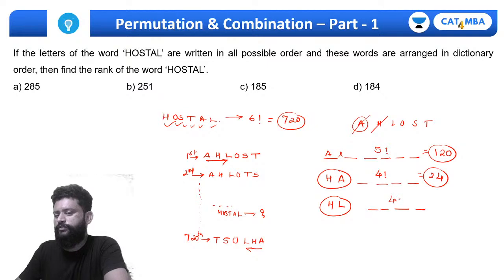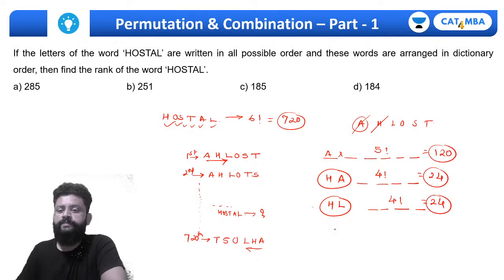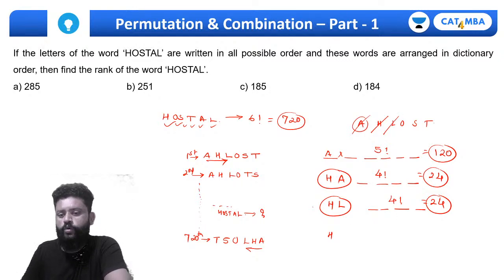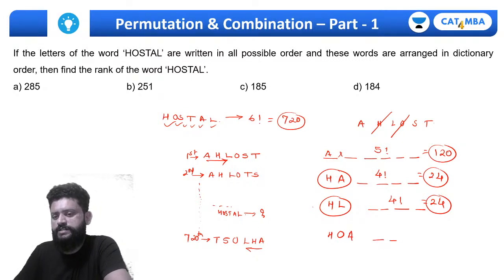Again I'll get 4 factorial, which is 24 words starting with HL. Then HO will come. As soon as H is done, then O, so we'll get words starting with HOA. HOA.